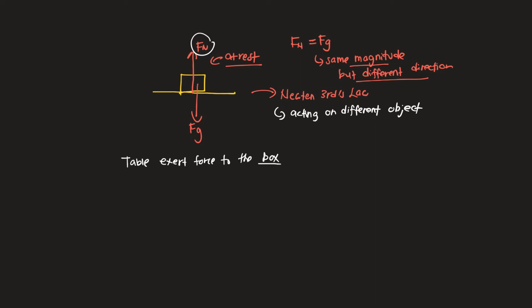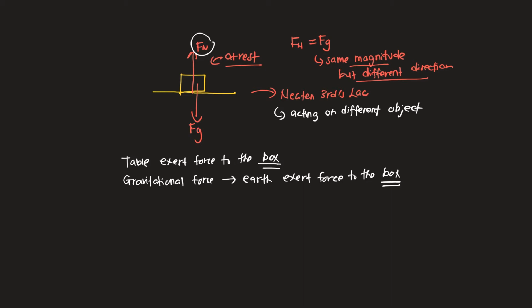So the one that feels the force is the box. And the gravitational force basically comes from Earth. So Earth exerts force to the box, which means the box also feels the force.